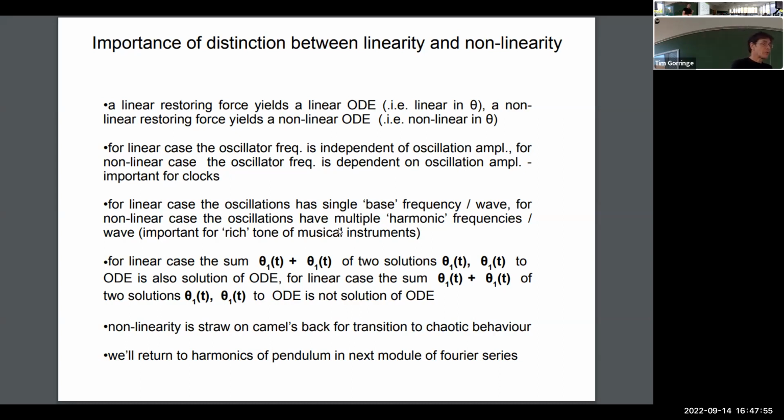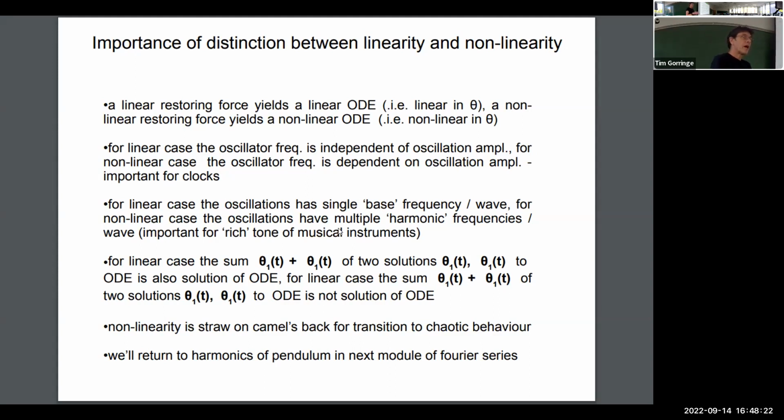Some of the consequences have to do with the frequency and the period of the oscillations. For the linear case, the frequency, the period, is independent of the amplitude of the oscillation. That's a feature that makes it useful for timekeeping. For the nonlinear case, the frequency and the period depend on the amplitude of the oscillation.